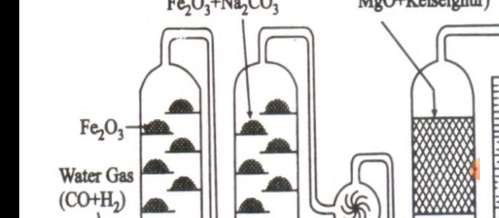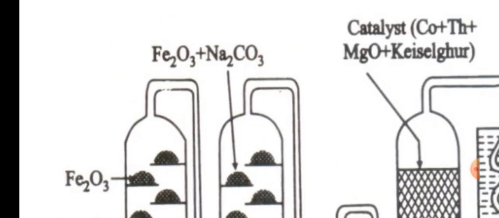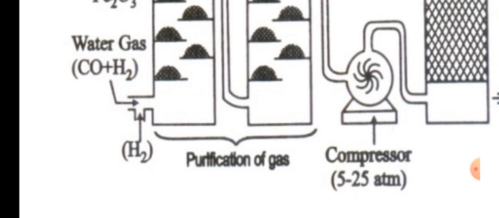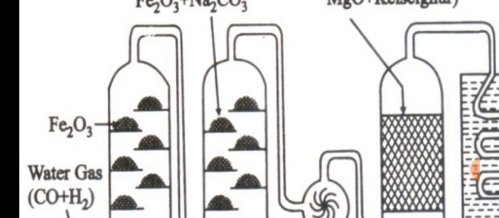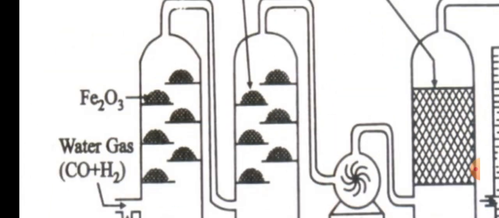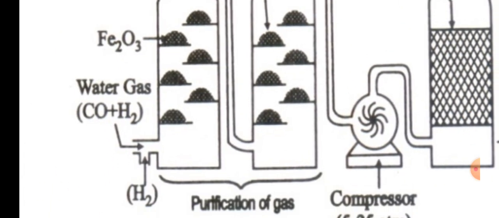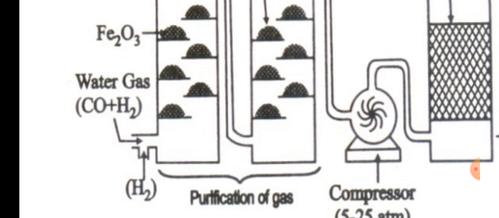In the first two chambers we have kept the dark colored material. This is Fe2O3 and Fe2O3 with sodium carbonate. They are passing water gas and hydrogen gas inside, and the coal is also present inside these first two chambers, where the purification of gas is carried out.